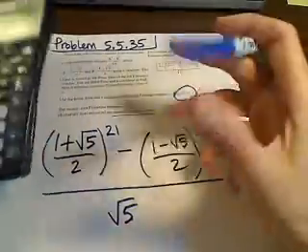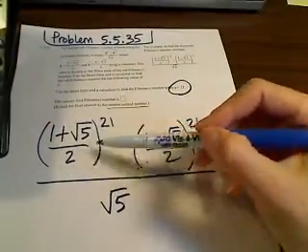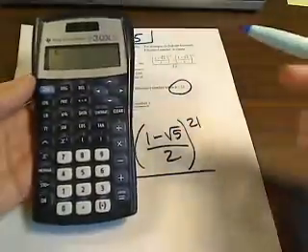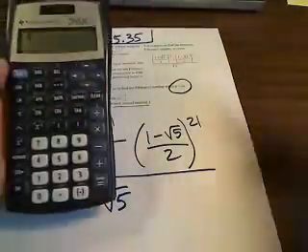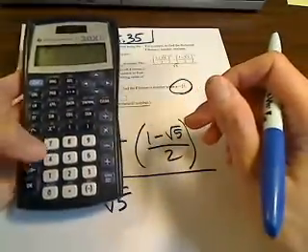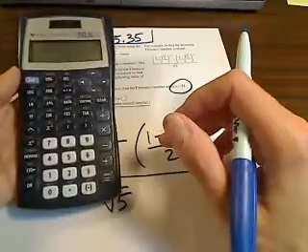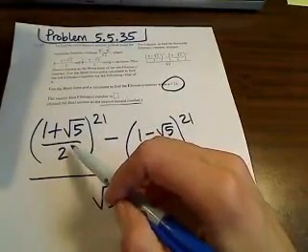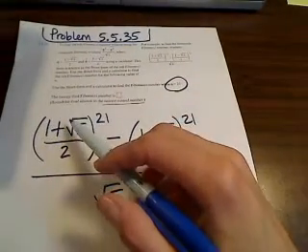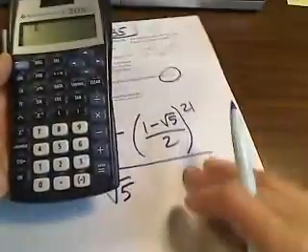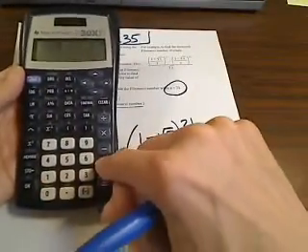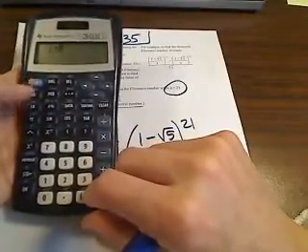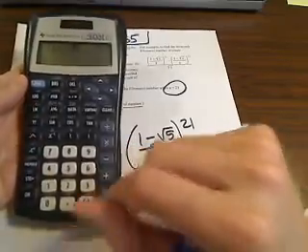Okay, so the first thing we want to do is plug in 1 plus square root of 5 over 2 and just get a number for that. That's actually phi, but let's go ahead and get that in our calculator. I'm going to put a parenthesis in here because I'm going to be dividing by 2, and the quantity in the top needs to be divided by that 2. So I'm going to have a parenthesis, and it's going to be 1 plus, and then I have to use a second function to get my square root.